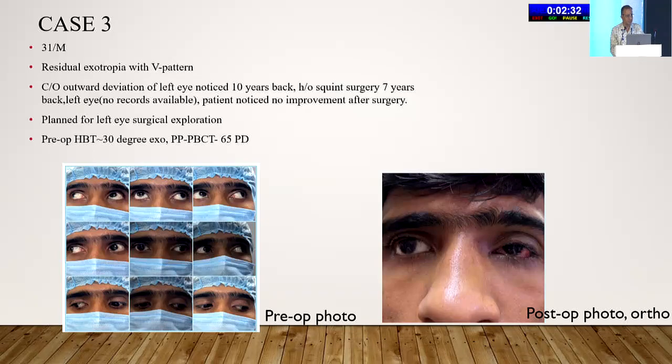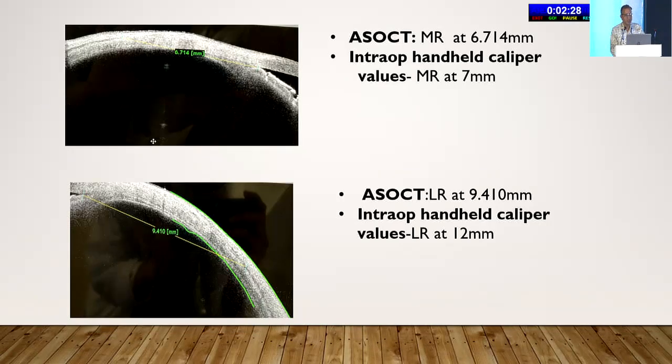This is another case, residual exotropia with V pattern, pre and post-op photographs. When AIOC2024 was done, the medial rectus was around 6.7 mm, and intra-op with the handheld caliper it was at 7 mm, and the lateral rectus was found at around 9.4 mm.